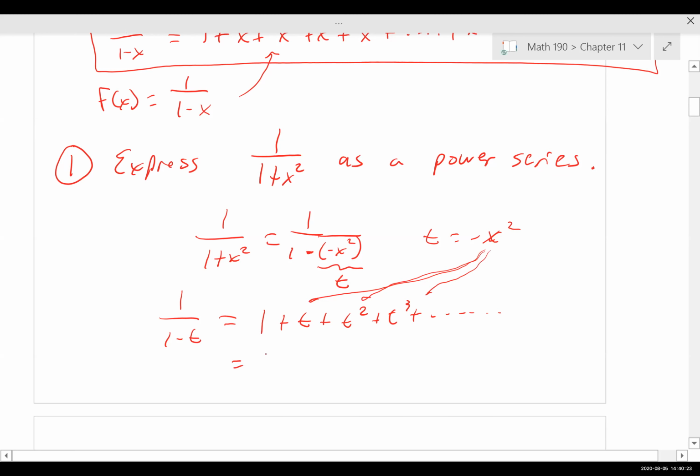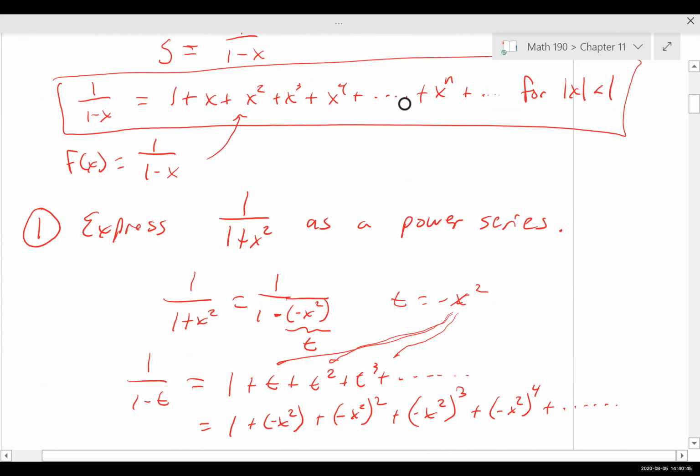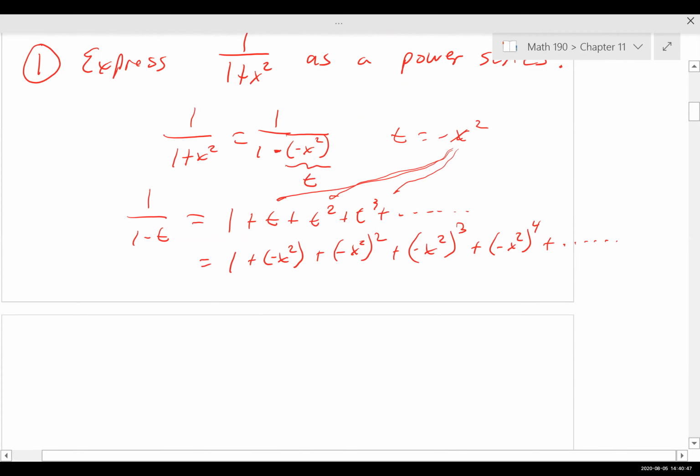Yeah, so this is going to be 1 plus negative x squared plus negative x squared squared plus negative x squared cubed plus, let's do another one, negative x squared to the fourth plus dot dot dot forever.